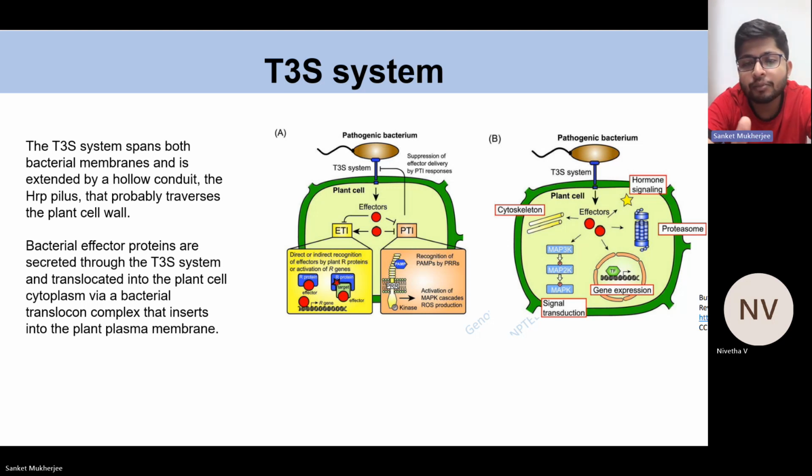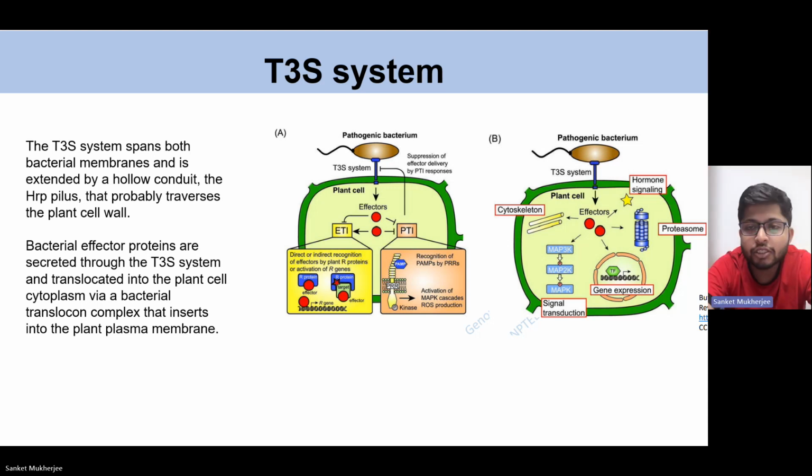And once these effector molecules are inside the plant cell, they can perform various functions. They could upregulate gene expression, cause hormone signaling, cause degradation of certain proteins. There are many other things which they can do.